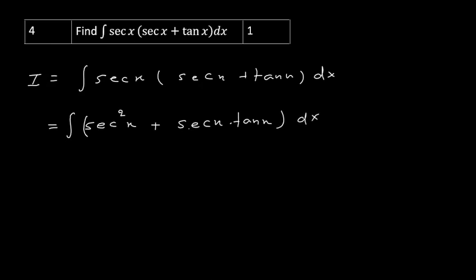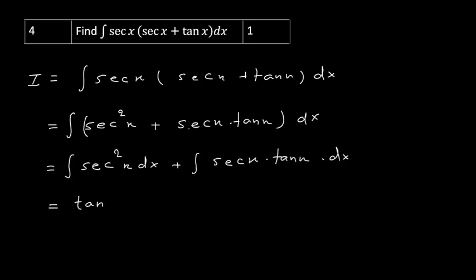Now if I open, this will become integration of sec square x dx plus integration of sec x into tan x into dx. Now integration of sec square is tan x. So here I have tan x plus integration of sec x tan x. As you know, it is sec x. So this is tan x plus sec x plus c.